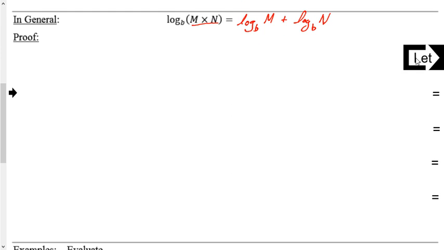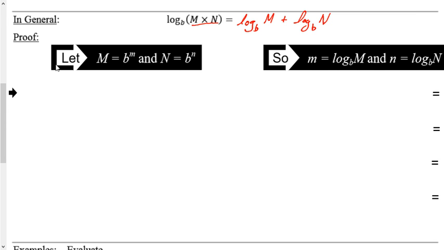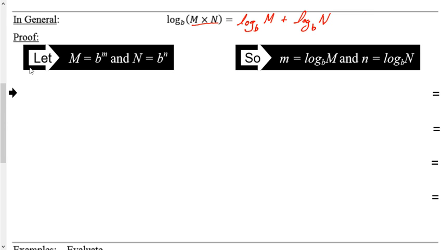And the way we'll begin this proof is by doing a bit of a substitution. So we're going to imagine that this uppercase M is equal to, we could rewrite it as b to the exponent lowercase m. And the uppercase N, we can rewrite as a power base b, where the exponent would be that lowercase n.